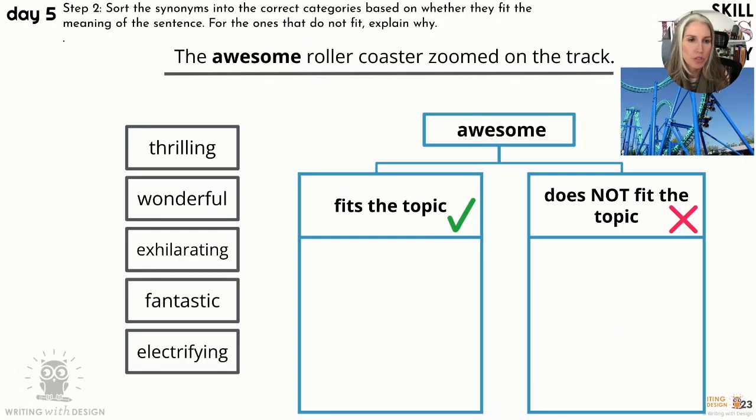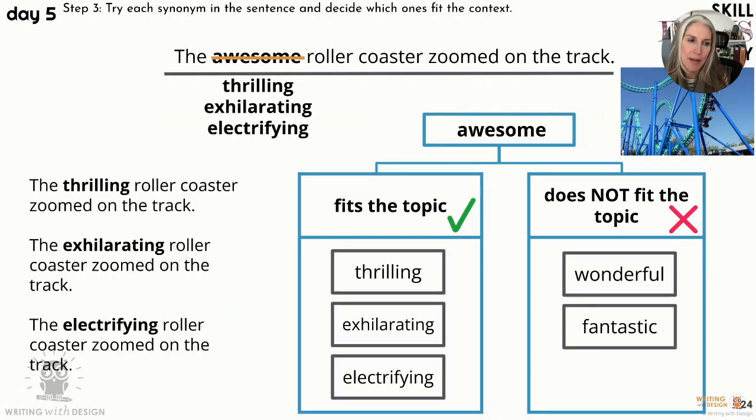So we want students to really think, when something's exciting like a roller coaster, what kind of words can we pull in? So thrilling would work. Exhilarating would be another one. And then electrifying are 3 that really fit a roller coaster, that are fresh and new for a lot of students to pull into their writing. So that means wonderful and fantastic, although they are great words, will not be the ones that fit this topic.